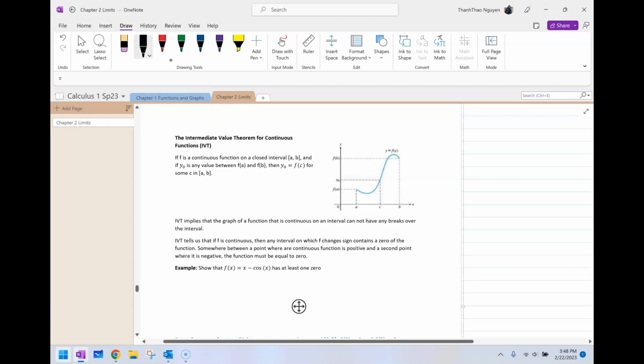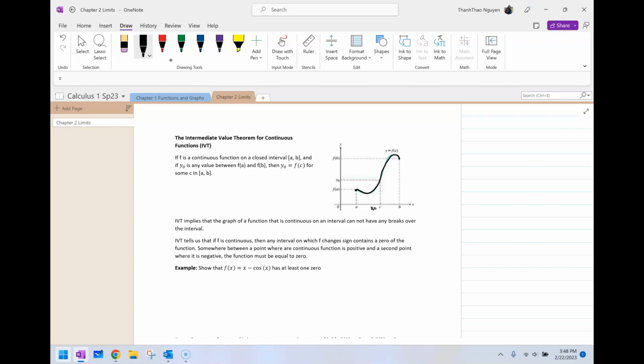So it's just saying, here you have a function, and if it's continuous, then for x equal to c, there has to be a value y0 that makes this happen.